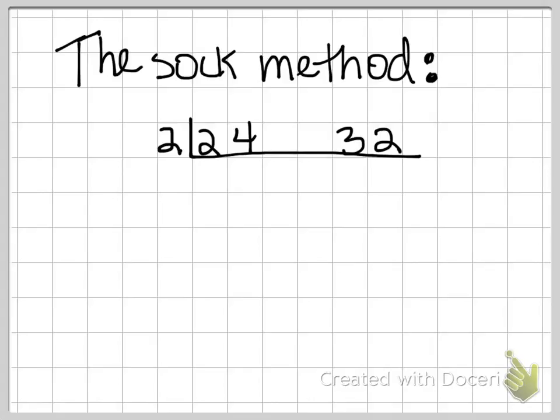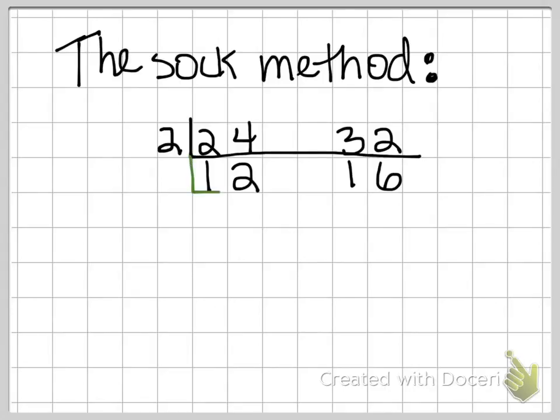Once you've written the 2 out here, you ask yourself, how many times is 24 divided by 2? That equals 12. And 32 divided by 2 is 16. Then see if you can repeat the process, in which case you can.